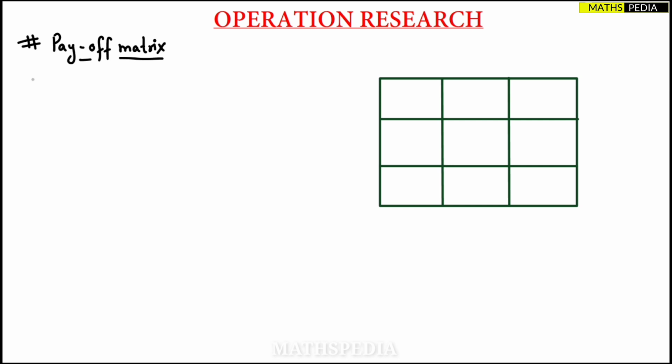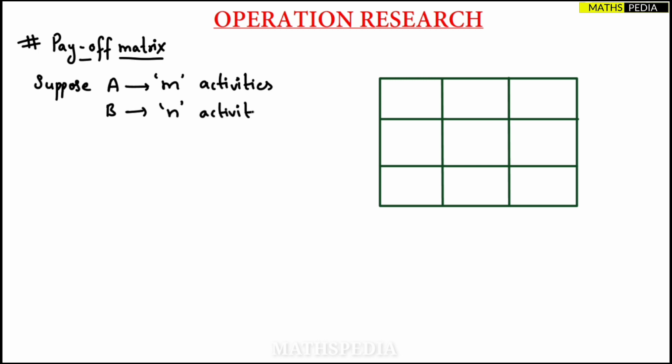Now we'll understand what a payoff matrix is. Suppose player A is doing m number of activities, and one more player, player B, is doing n number of activities.